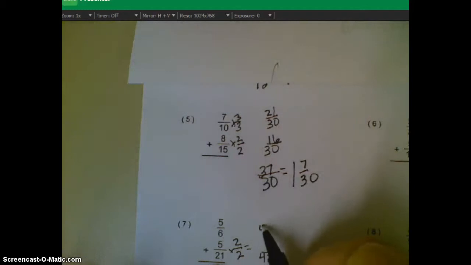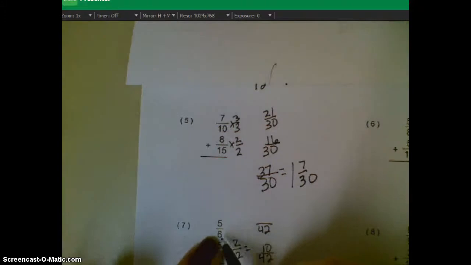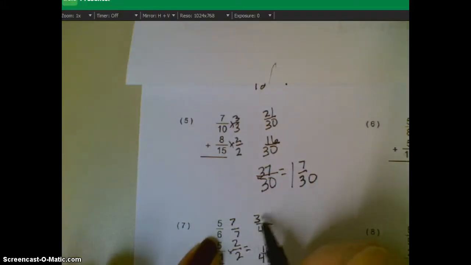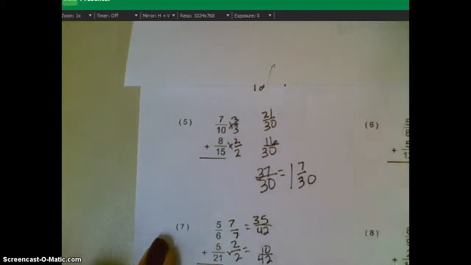With 21, let's see, if I double it, I get 42. I know a 42 fact with 6. So let's double this. Get our denominator of 42. And 5 times 2 is 10. And 6 times 7 here is 42. And 5 times 7 is 35. So we've got our equivalent fractions now.